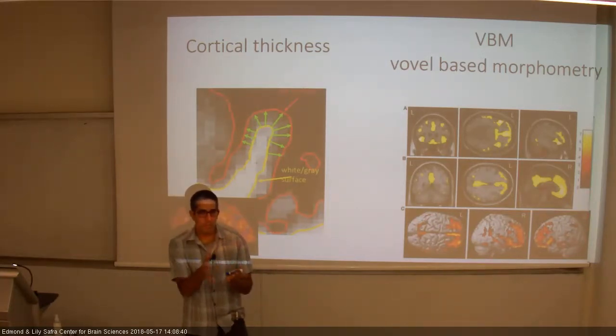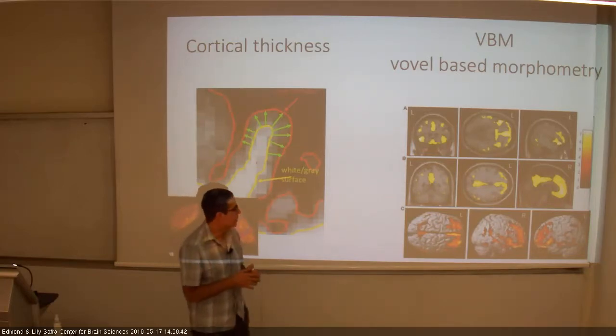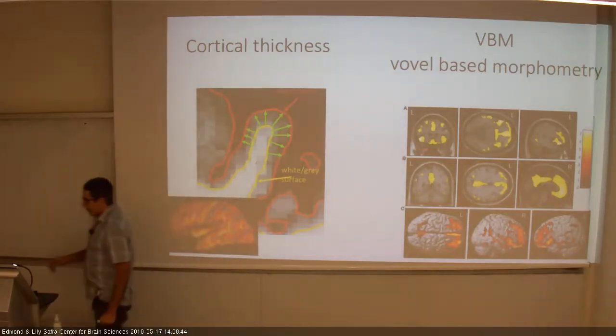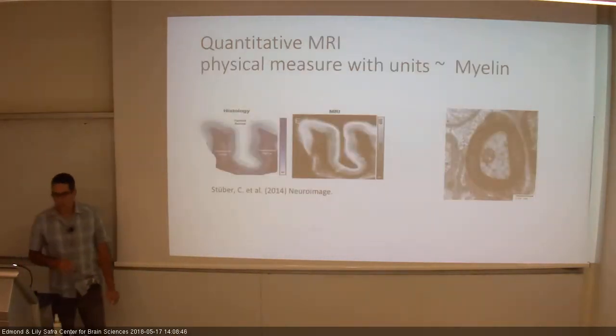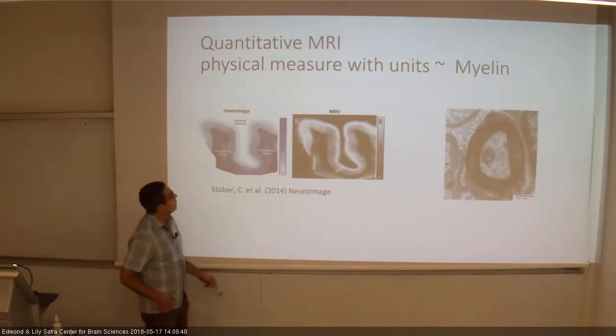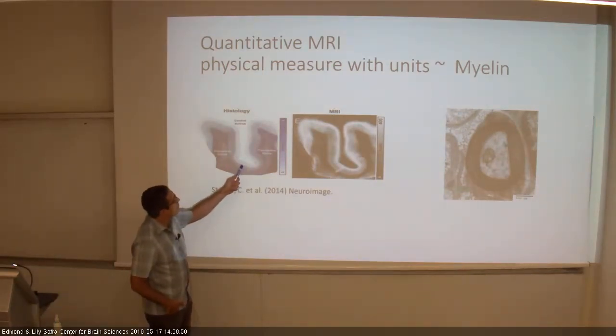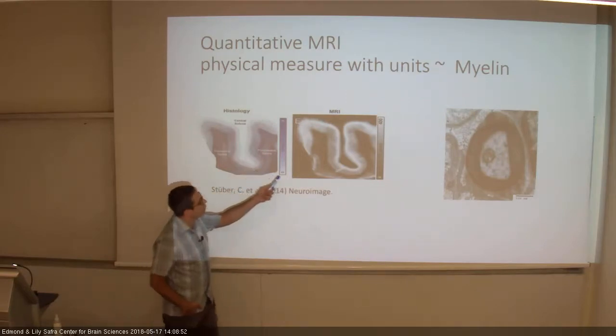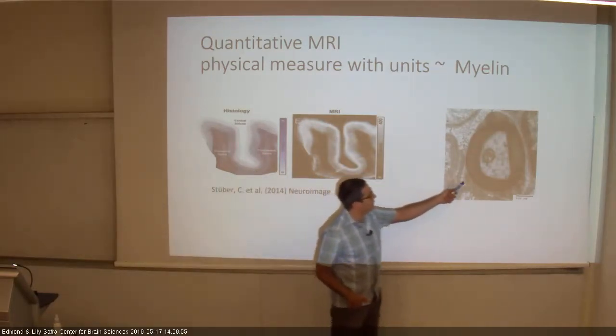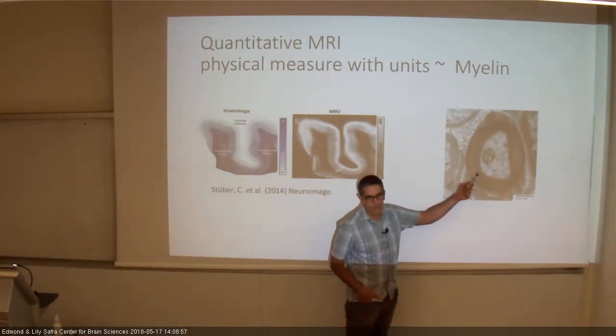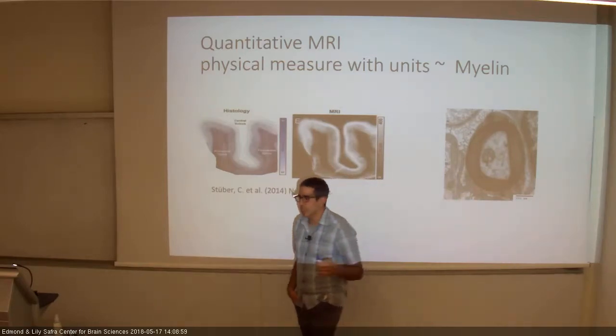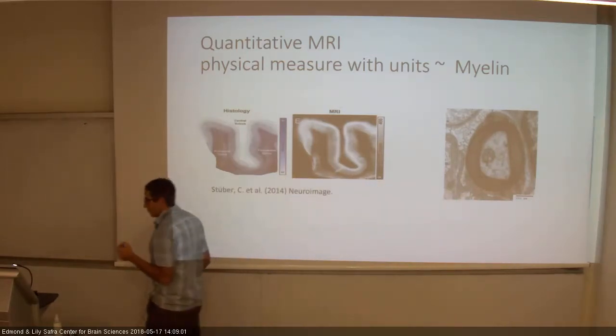That was also a measure of differences between subjects. And then I told you a little bit about quantitative imaging, and I said that many of these methods were trying to measure myelin, the myelination of axons, using quantitative methods, for instance T1.